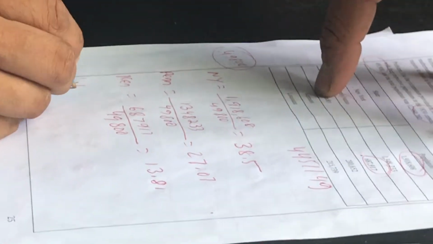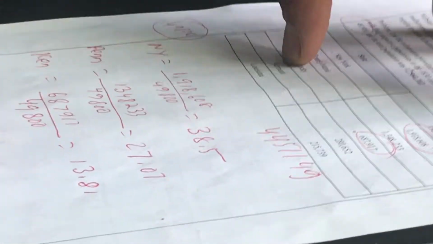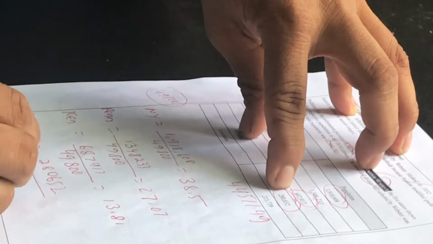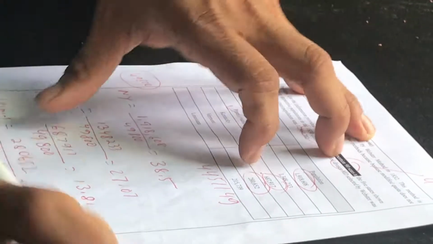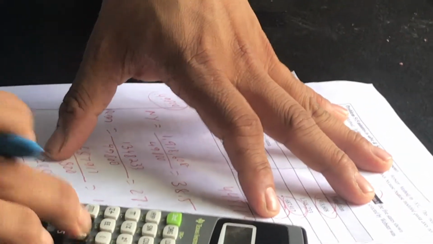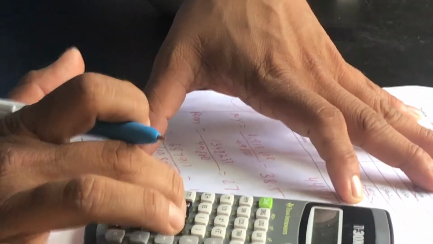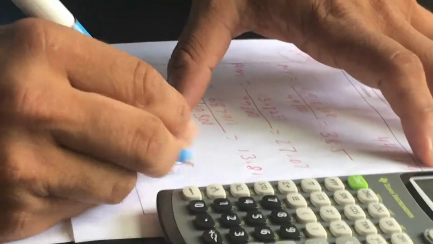And then Vermont is 280652 divided by 49800, and that would give us 5.6.